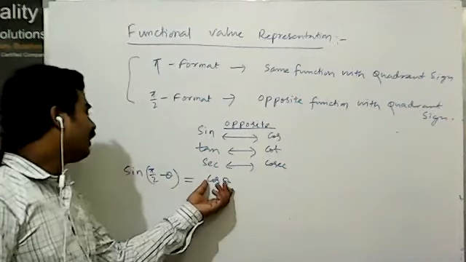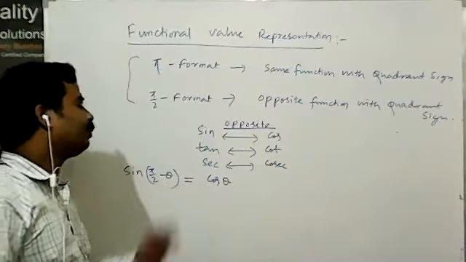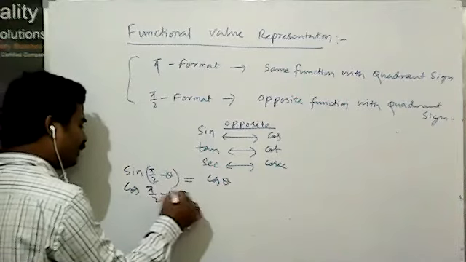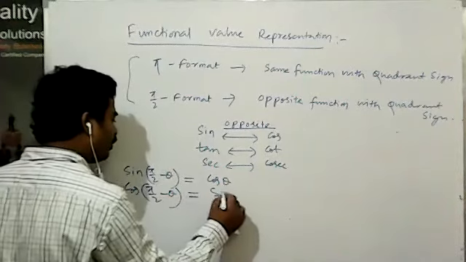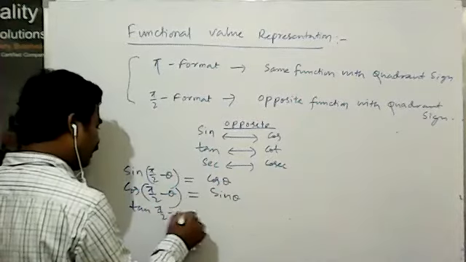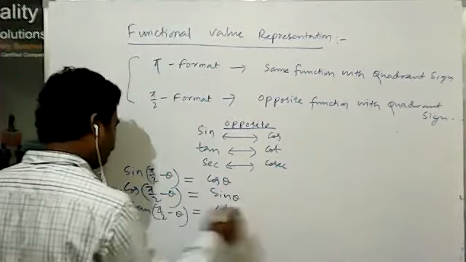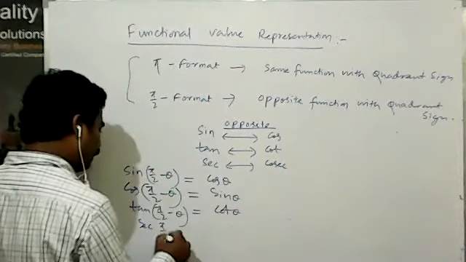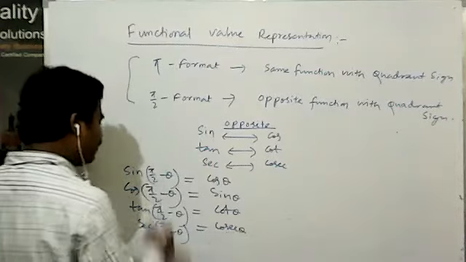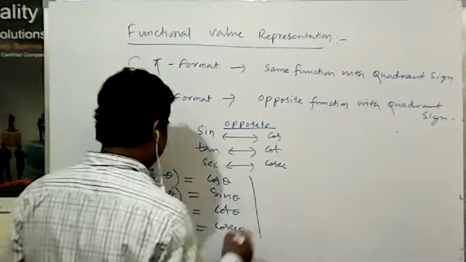So that's the opposite function, and the quadrant sign is positive, first quadrant. Similarly, cos of pi by 2 minus theta, opposite function, quadrant sign positive. Tan of pi by 2 minus theta is equal to cot theta. Sec of pi by 2 minus theta is equal to cosec theta. This is the first quadrant. In the first quadrant, these values will come.